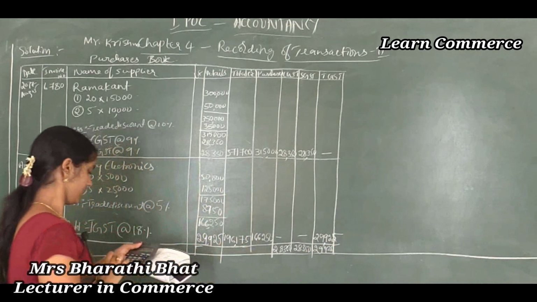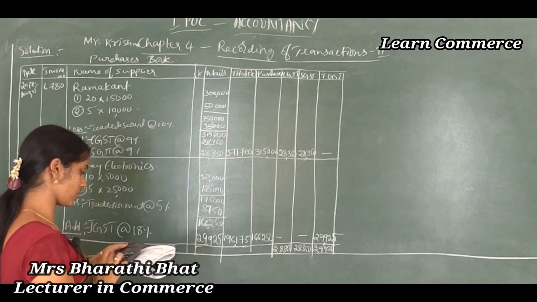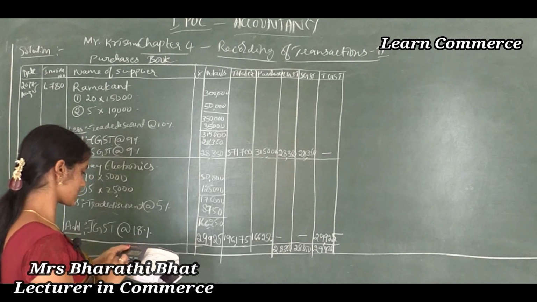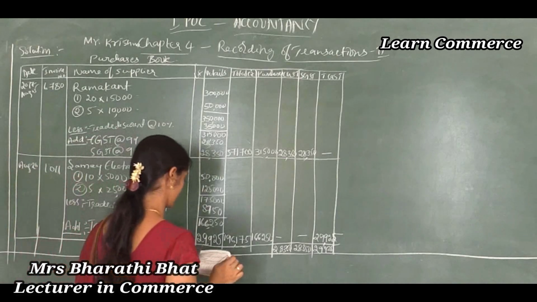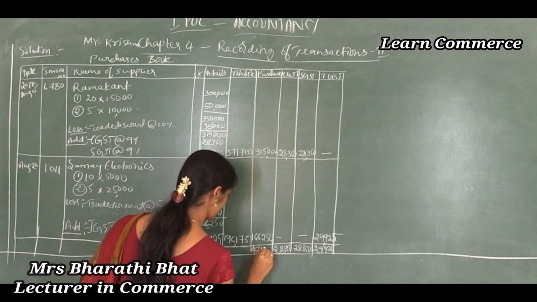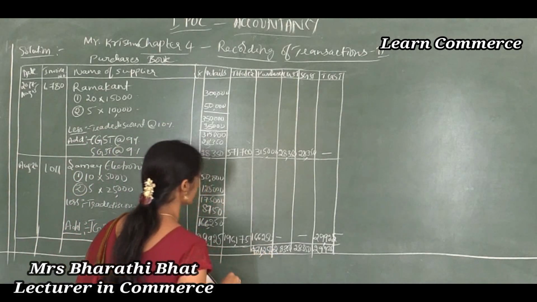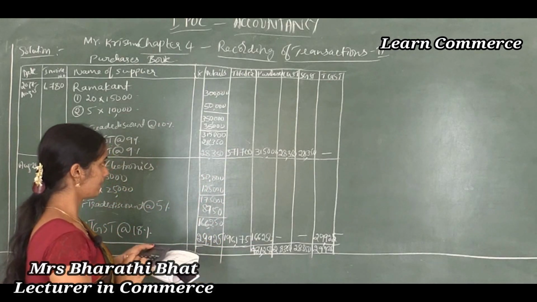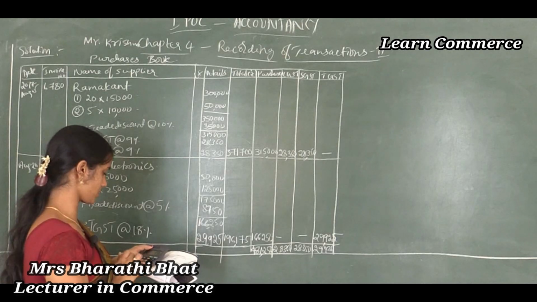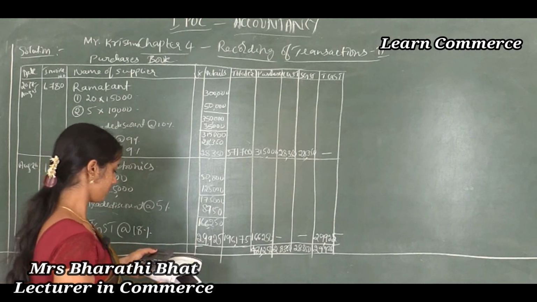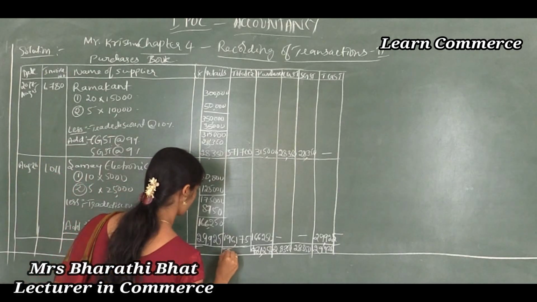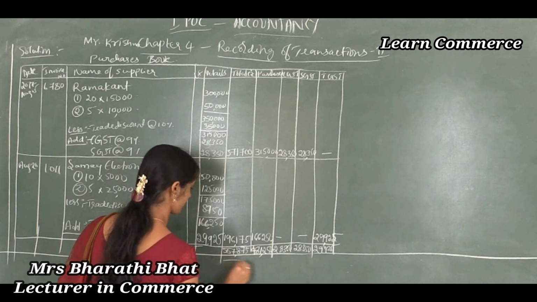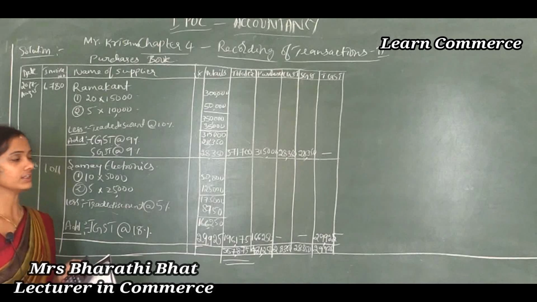Here we have to add 3,15,000 plus 1,66,250, 4,81,250, and here 3,71,700 plus 1,96,175, 5,67,875. This is the total value.